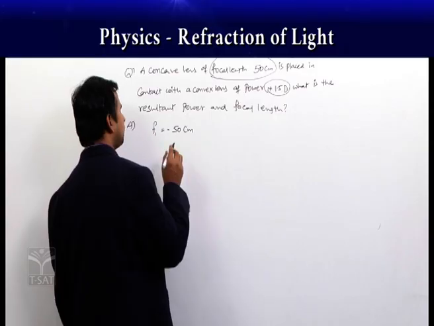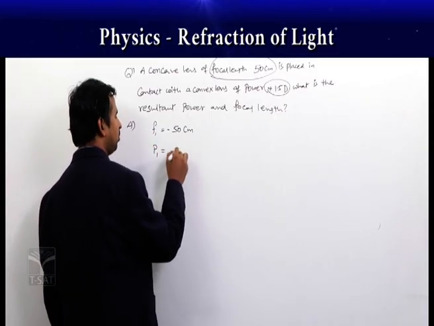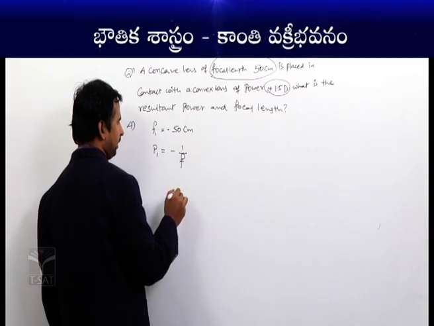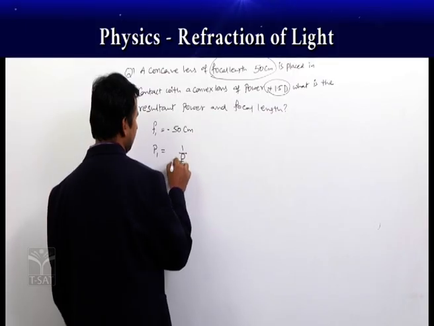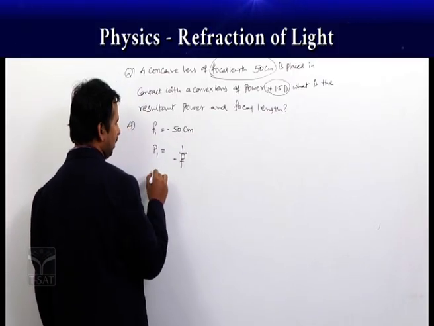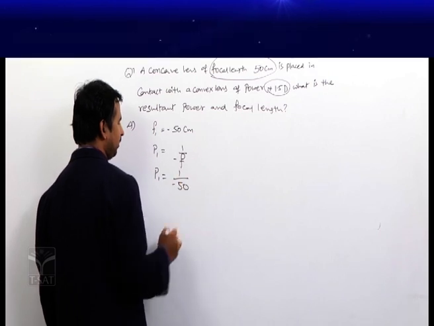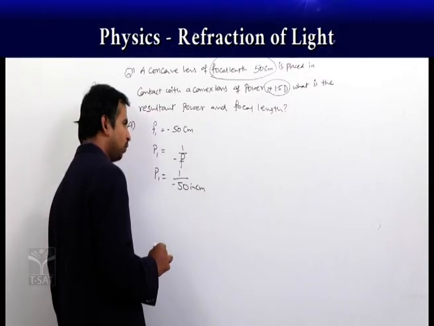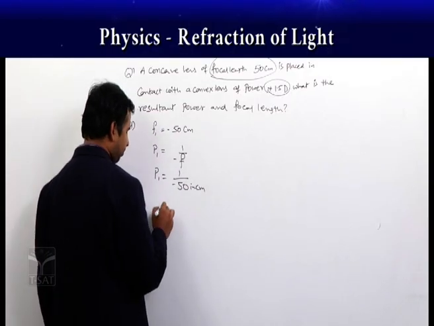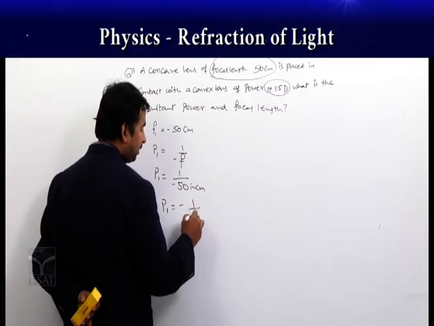As the focal length is minus 50 here, its power becomes P is equal to 1 by f, with the minus sign. Then P1 is equal to 1 by focal length, which is 50, with a minus. But this is in centimeters, so we have to convert that into meters. Then P1 is equal to minus 1 by 50 centimeters.